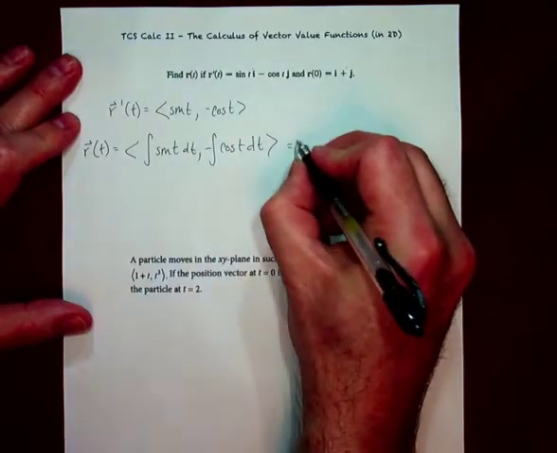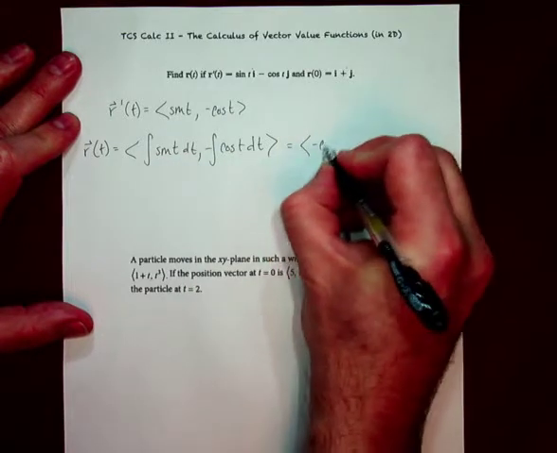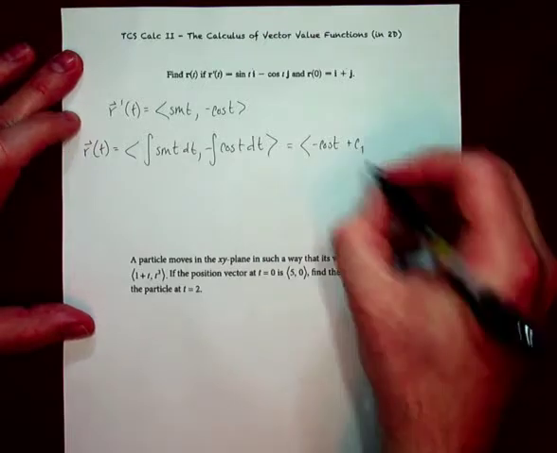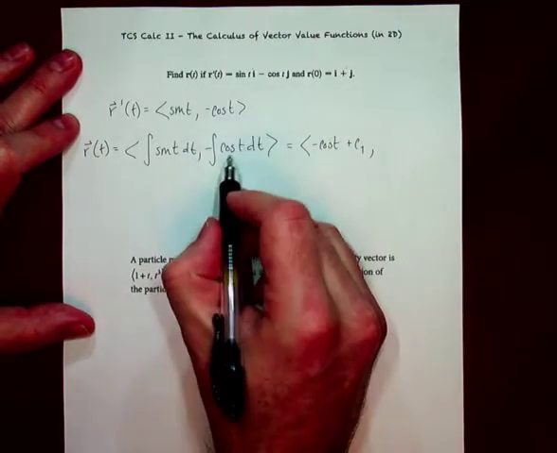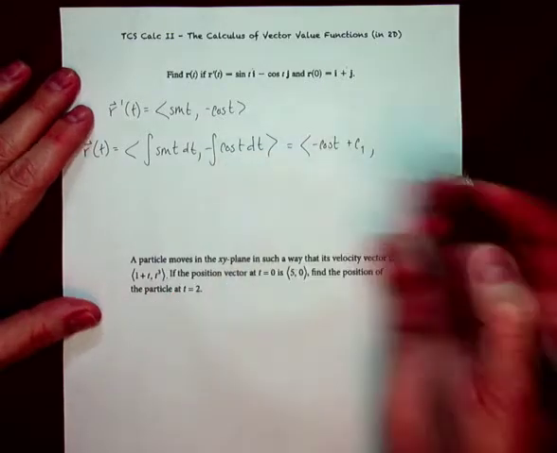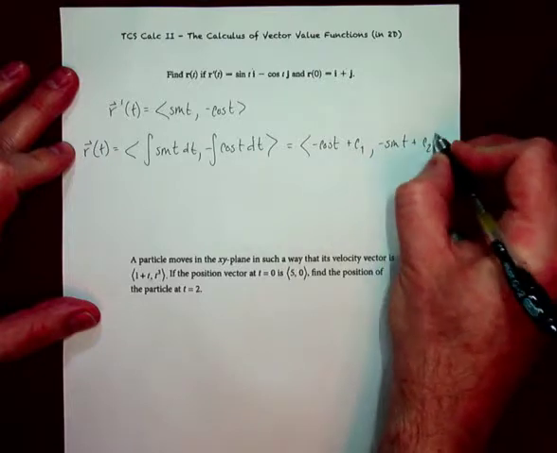Well, that's easy enough. Sine, of course, is the derivative of negative cosine t, and we'll go ahead and put the plus C1 right there. And then, of course, cosine is the derivative of sine, but we have this negative that comes along for the ride, and we have negative sine t plus C2.